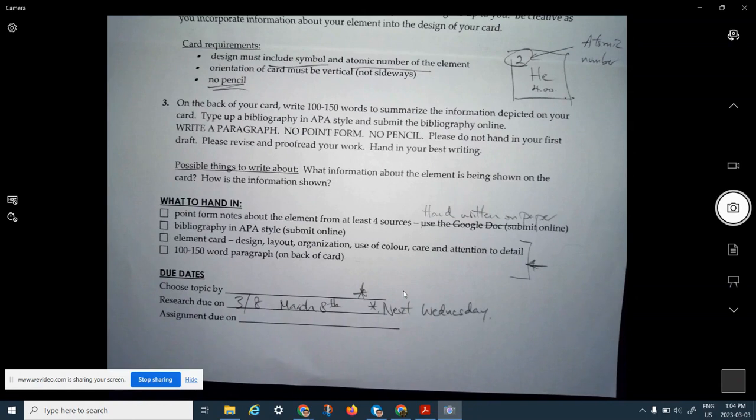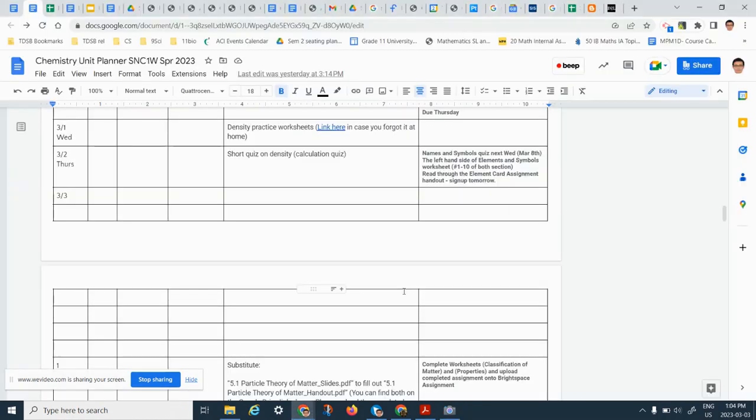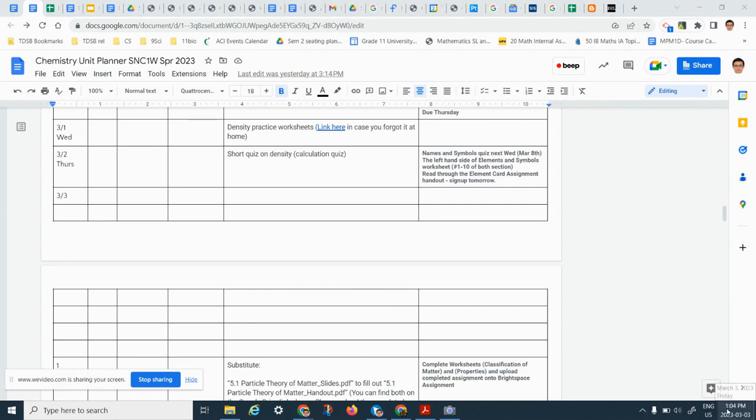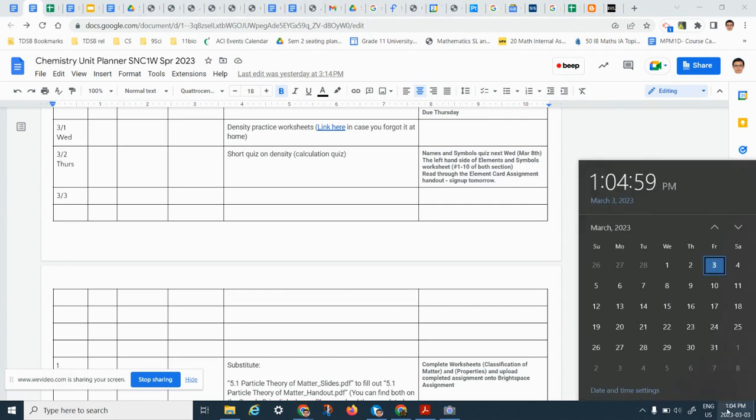I'll be looking through it during that time too. Assignment is due when we are coming back, March 20th. So next week is the last week, and this week we have spring break. Research should be done by the 8th.